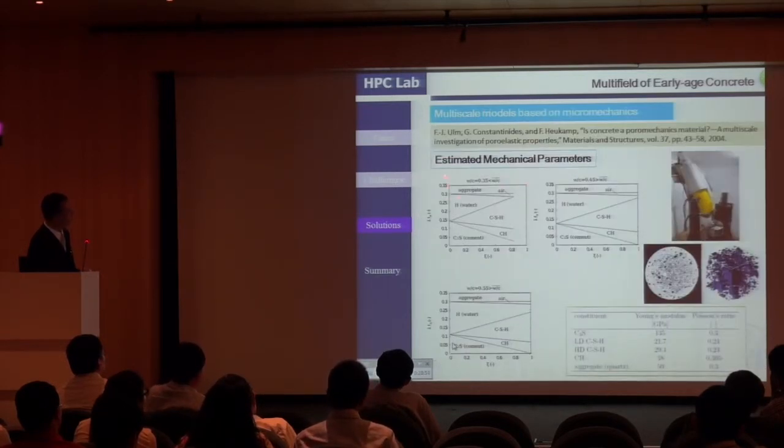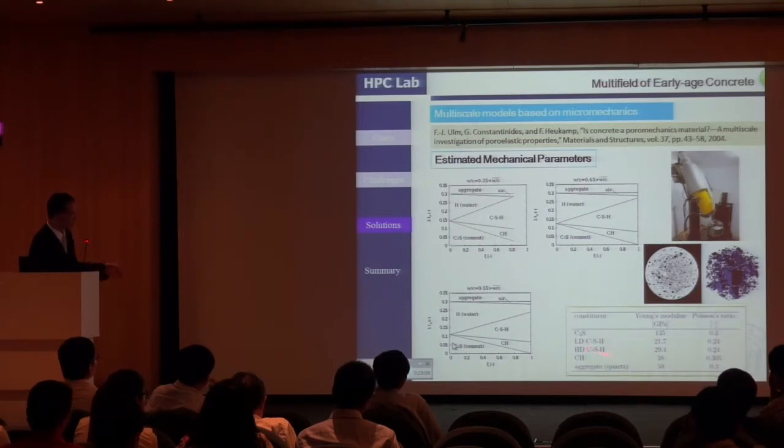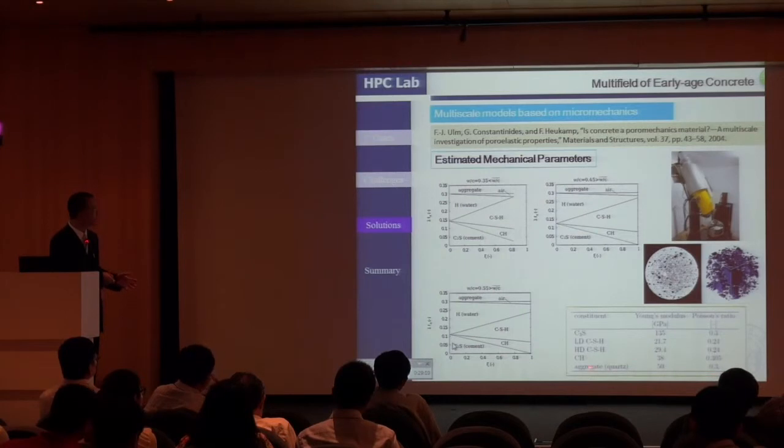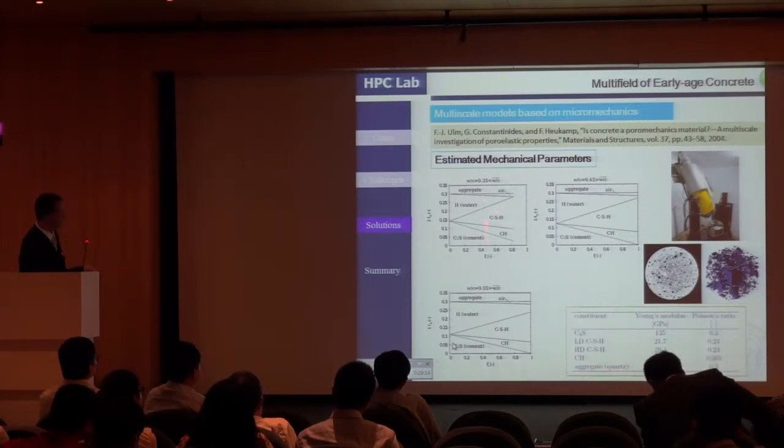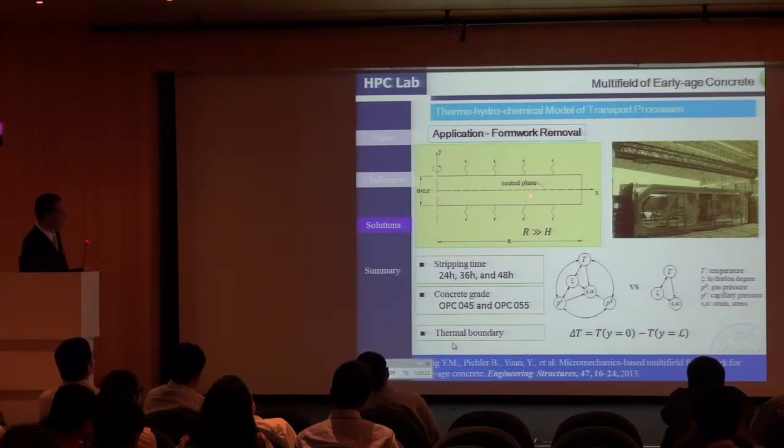If the mechanical parameter can be estimated using the previous method, like this one, if we have the components of CSH or C3S, or even the aggregate, we can estimate the final parameter. With that parameter, we can input to simulate the process of the hydration.